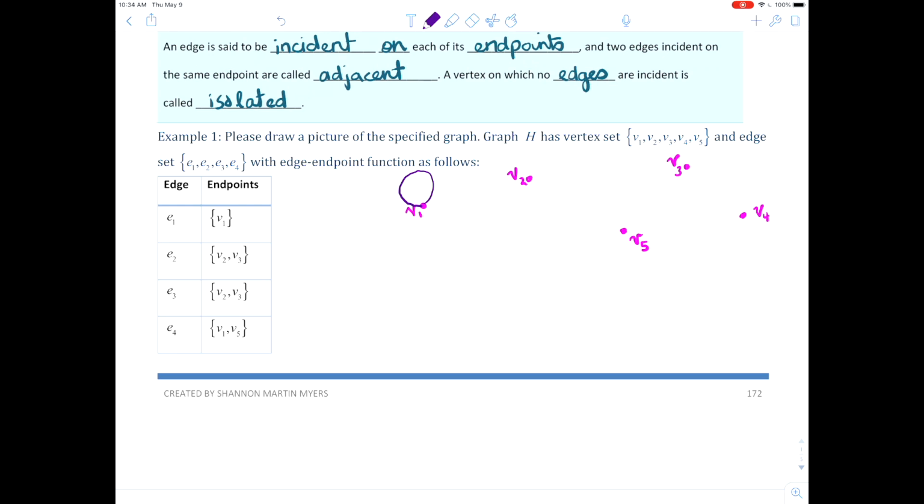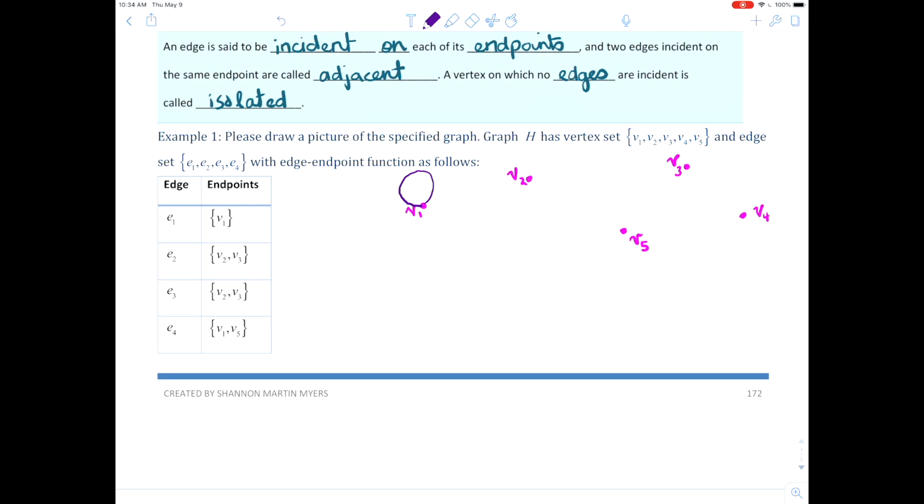So now let's take a look. We've taken care of this first one. Edge 2 is incident on V2 and V3. So let's look at V2 and V3, and we can just draw either a straight line, or we can draw a curve.